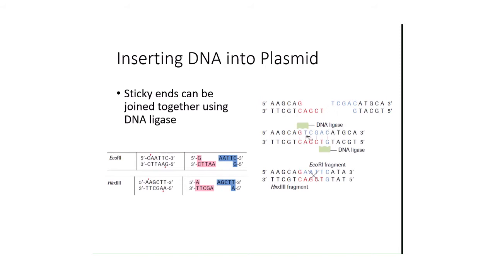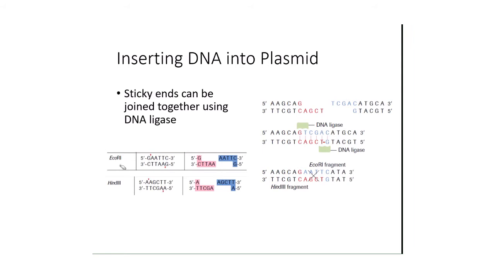So you can form the actual covalent bond between these nucleotides, and that would cause the DNA segment to come back together. In order for this to work, in order for you to glue these sticky ends together, it has to be sticky ends that are created by the same restriction enzyme.